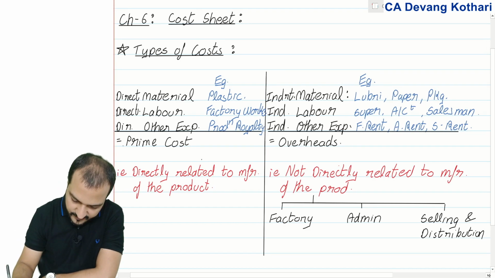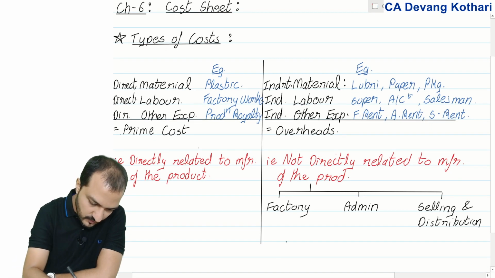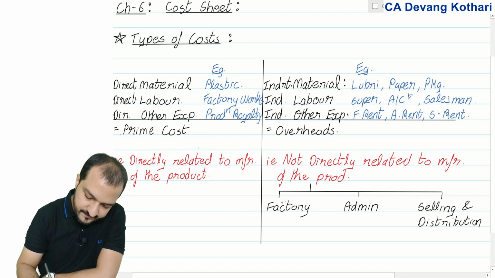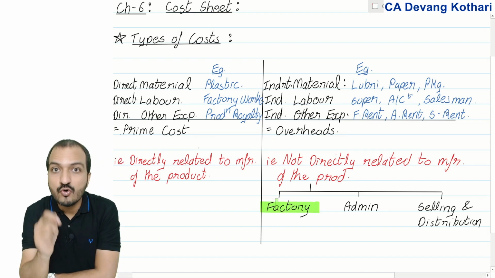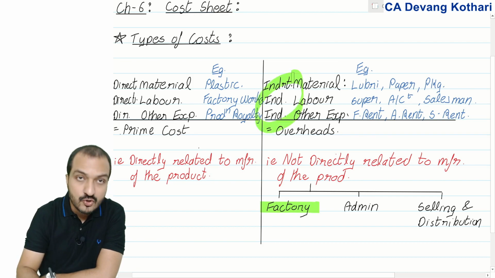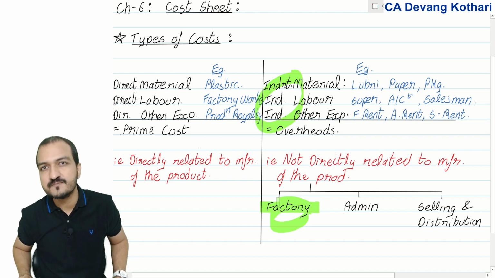Yeah, factory overheads, admin overheads, selling and distribution overheads. Means what? Factory overheads. Factory overheads means indirect cost incurred inside the factory premises.